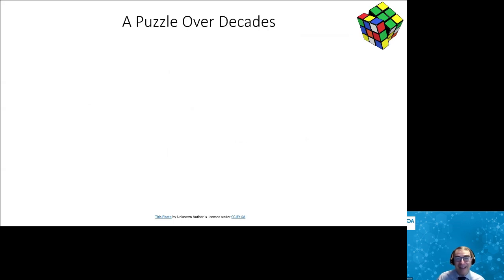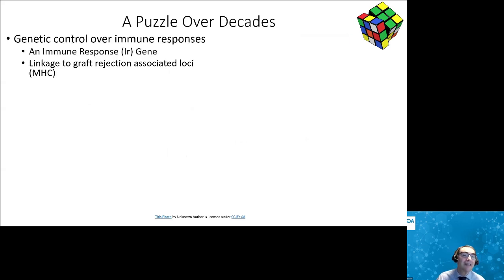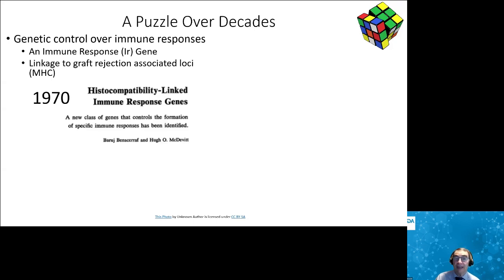To me, it was a scientific puzzle over decades that overlapped with my entry into the world of science. The idea of genetic control over immune responses was always something of great interest. And in 1970, there was the discovery of the association between histocompatibility antigen markers and immune responses.